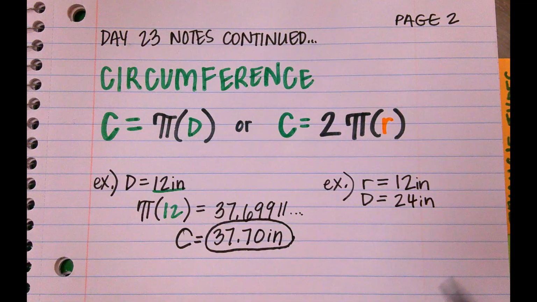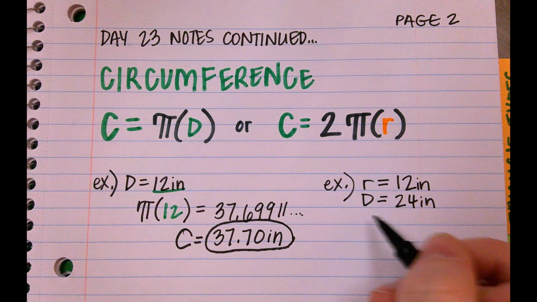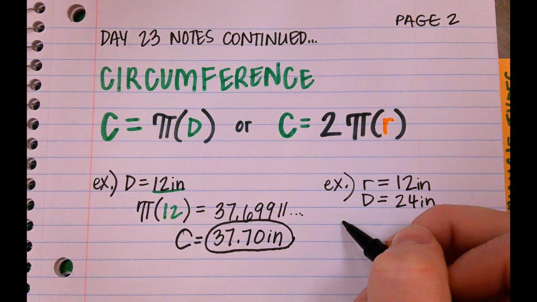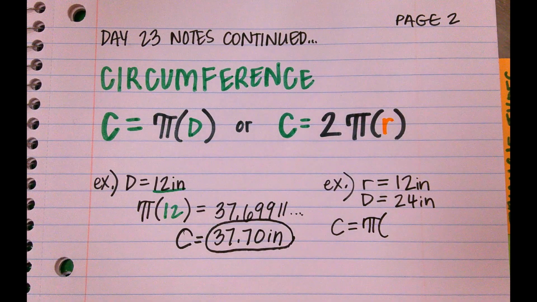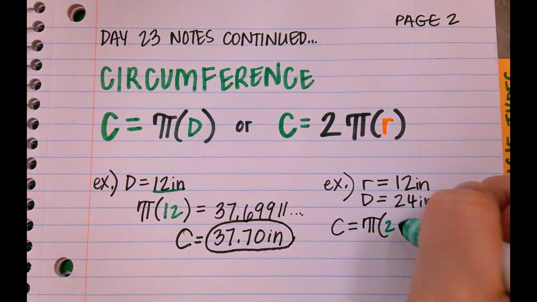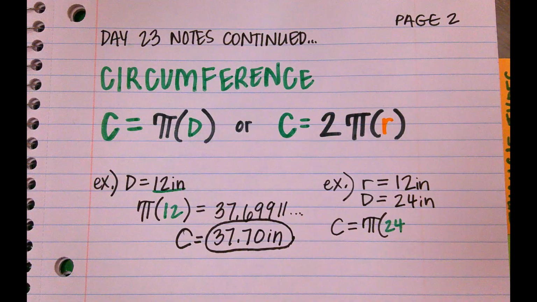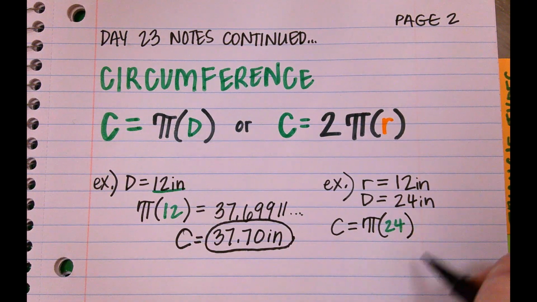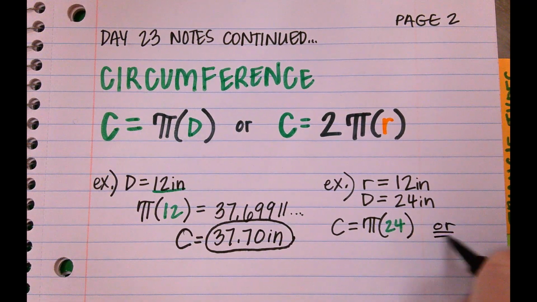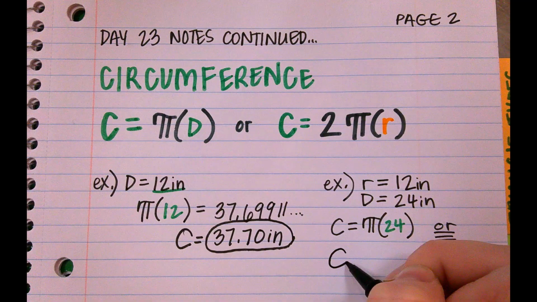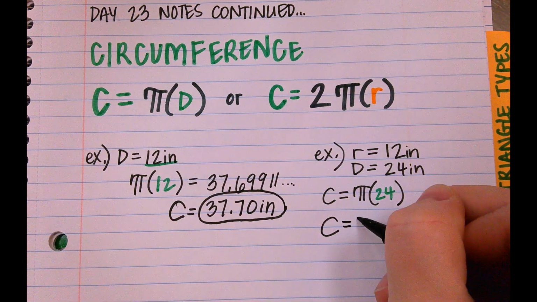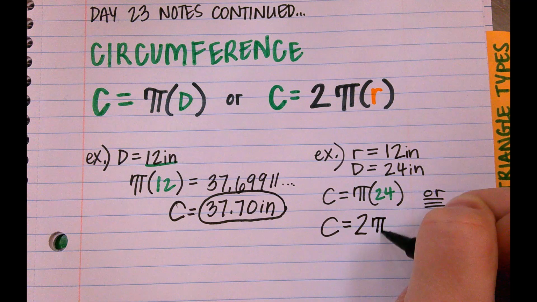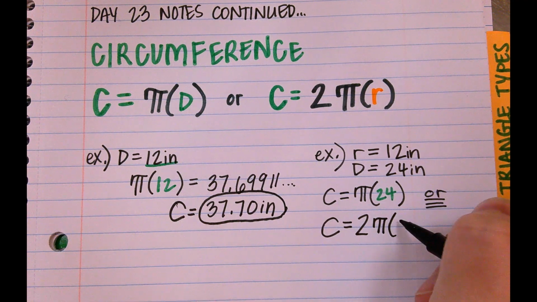So we have 2 options. I can either find my diameter first and do circumference is pi times 24, or we could plug into the second formula. I could do 2 pi times radius 12.